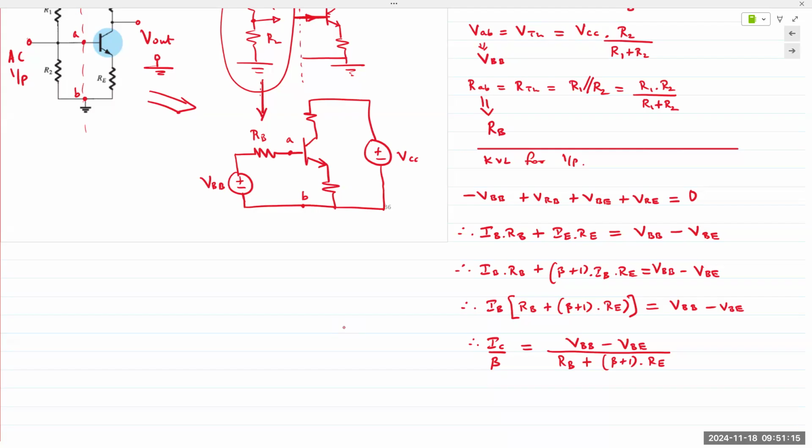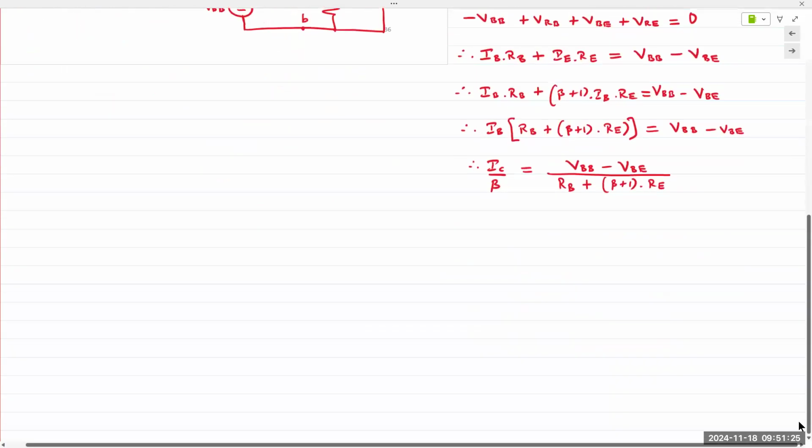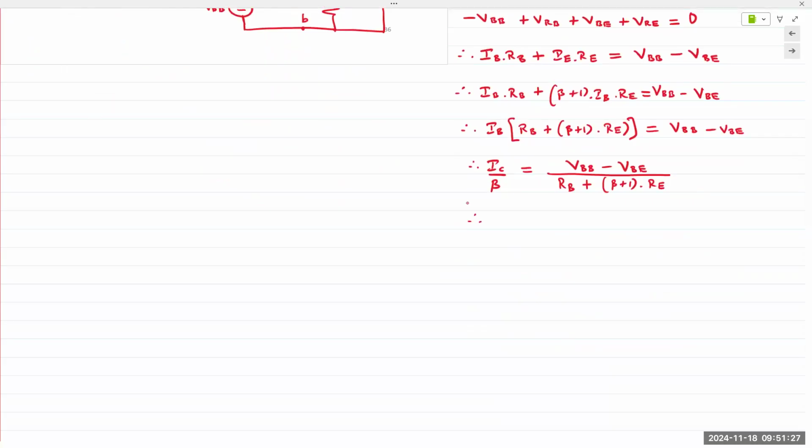So now that we have IC here, we want to rearrange the terms and we want to minimize the effect of the transistor beta as much as possible. So we take beta on the other side, and multiply and divide the denominator and numerator with beta both. And so we have VBB minus VBE.